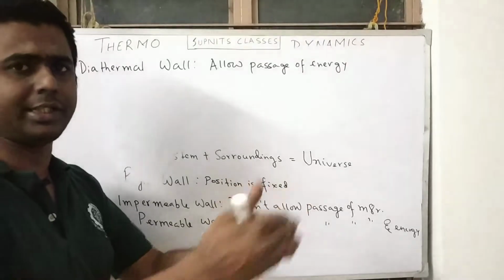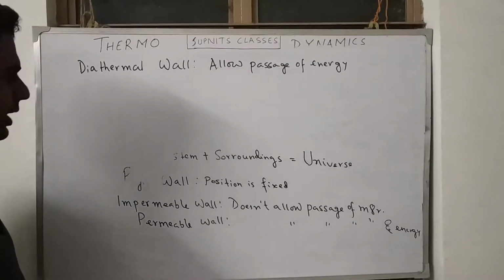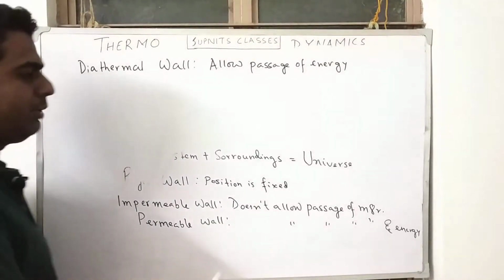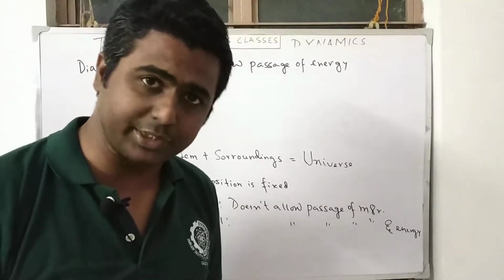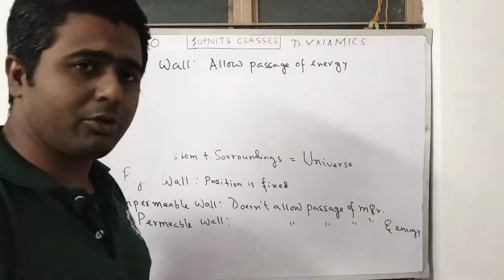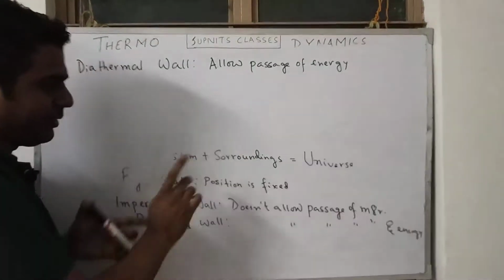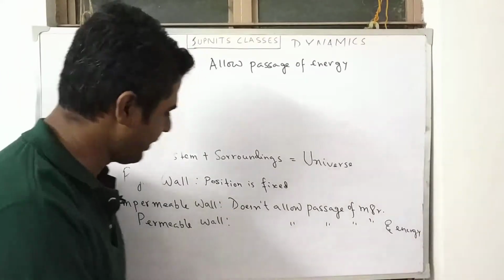Energy को पास करने देगा, but matter को पास करने नहीं देगा. Let us repeat once again. Rigid wall, the position will be fixed. Impermeable wall means it will not allow passage of matter, but it will allow passage of energy. Permeable wall will allow matter and energy to pass through.